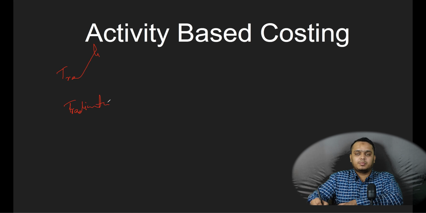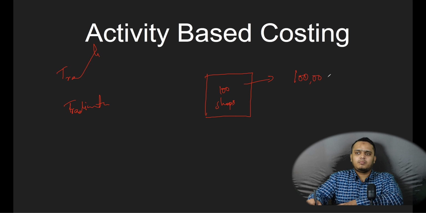The best example for this, which I keep giving, is suppose I have a big shopping mall with 100 shops, and the maintenance for the whole shopping mall is 100,000.